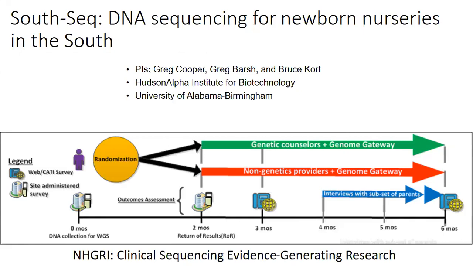We have about a 30% diagnosis rate, it's turning out. And this involves a clinical trial where we're randomizing babies. Half of them get return of results, or their parents do, through a genetic counselor, which is the traditional way, and half through nursery staff that we train. And it's meant to ask, can we scale the skill set necessary to a larger group?